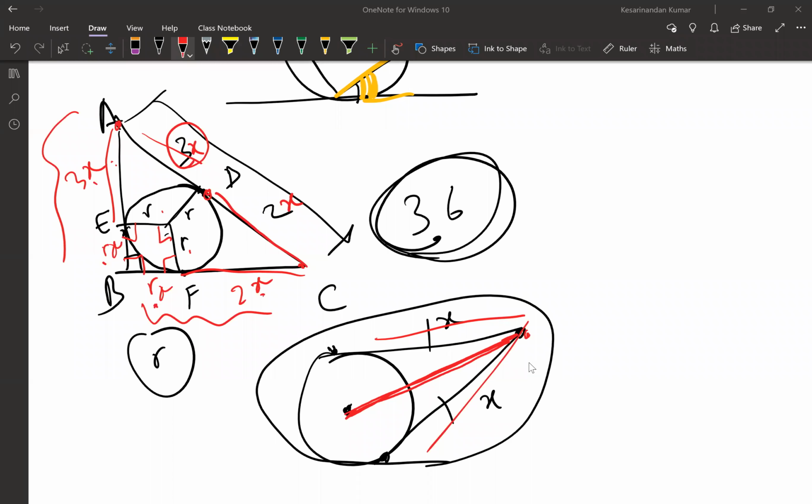No, Anshula, that's not the right answer. What you have got is the value of x. From that you have to find the value of r.